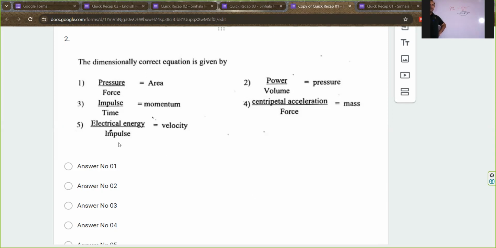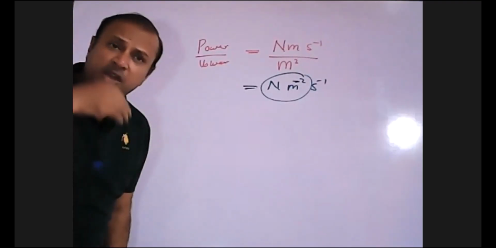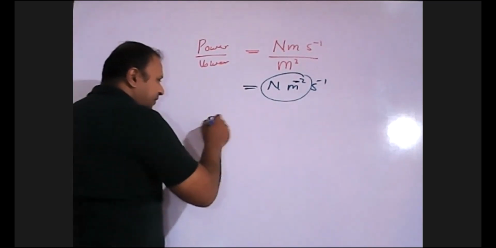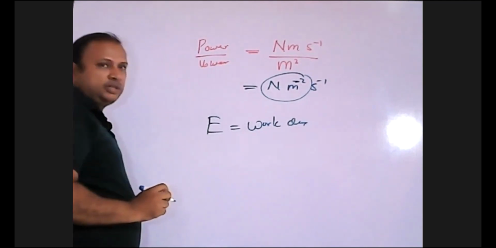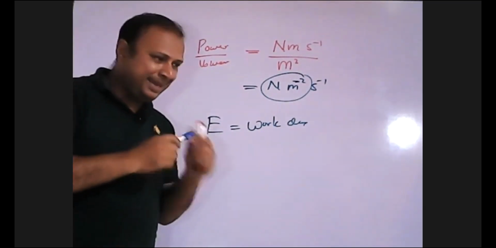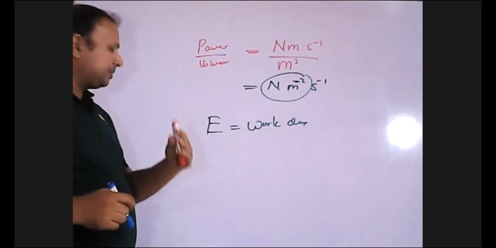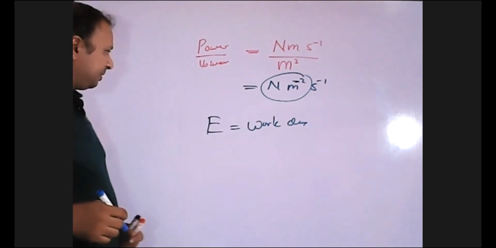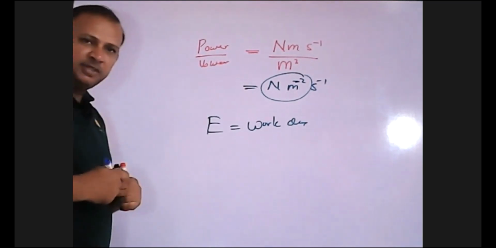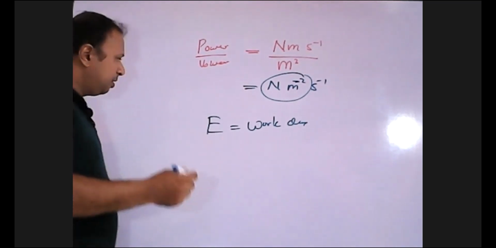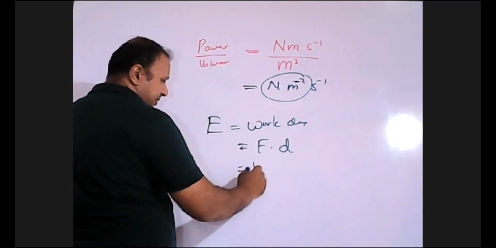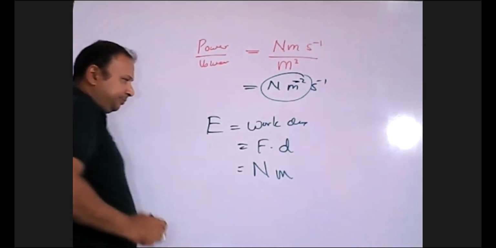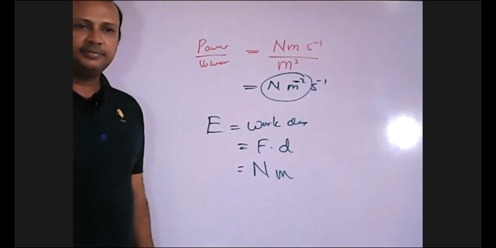It is energy over impulse. Energy is a work done, no? You know this from your O level. Work done means force into displacement, so it is Newton meter.